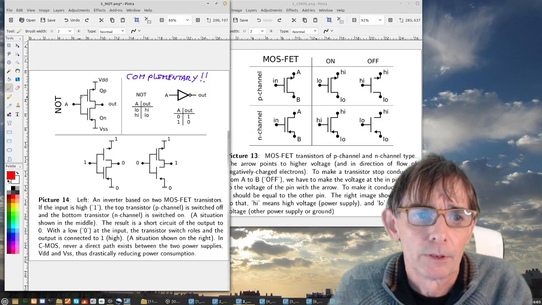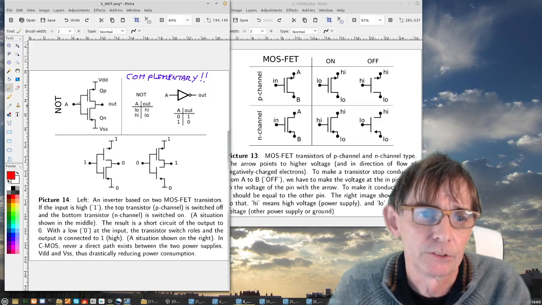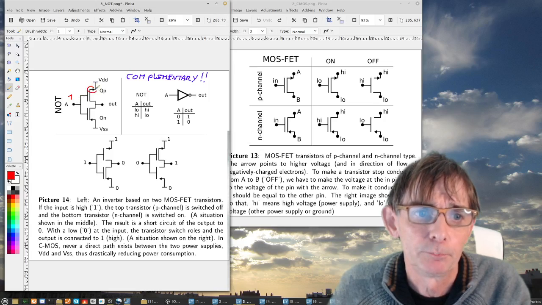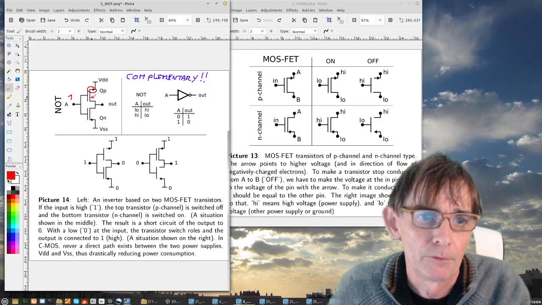So if I now put the input here that is connected to both inputs of both transistors. If I put this now high, let me put it here as 1, meaning that the voltage is close to this pin here. That means, remember, that this one will close and this one will open. So let me write it here.